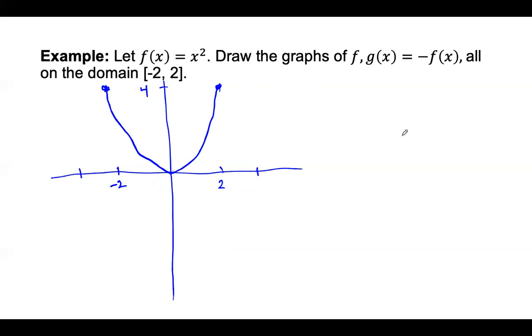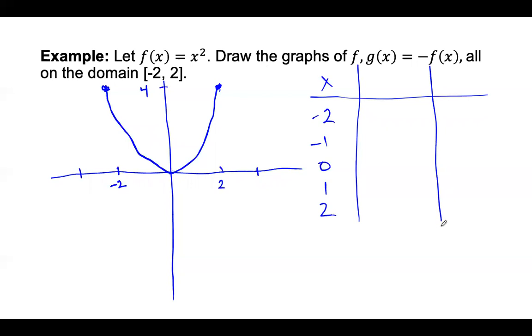Now, this is where, if you're not sure what to do, a table of values comes in handy. So you could put it to the side from -2 to 2, the values of f of x and g of x. And g of x is just negative f of x.